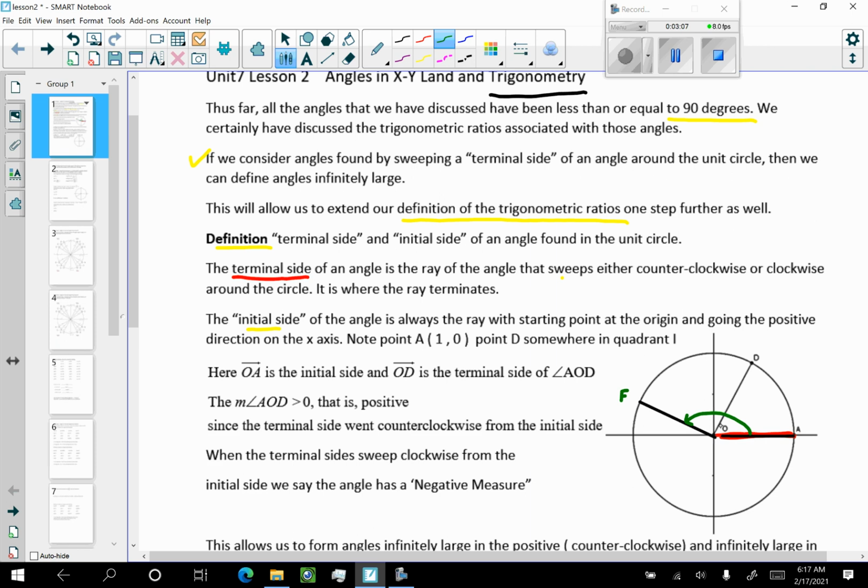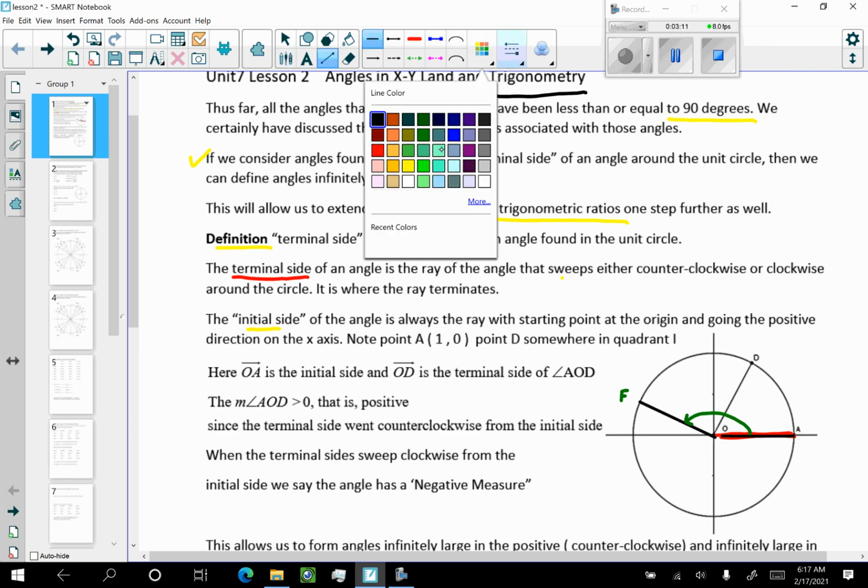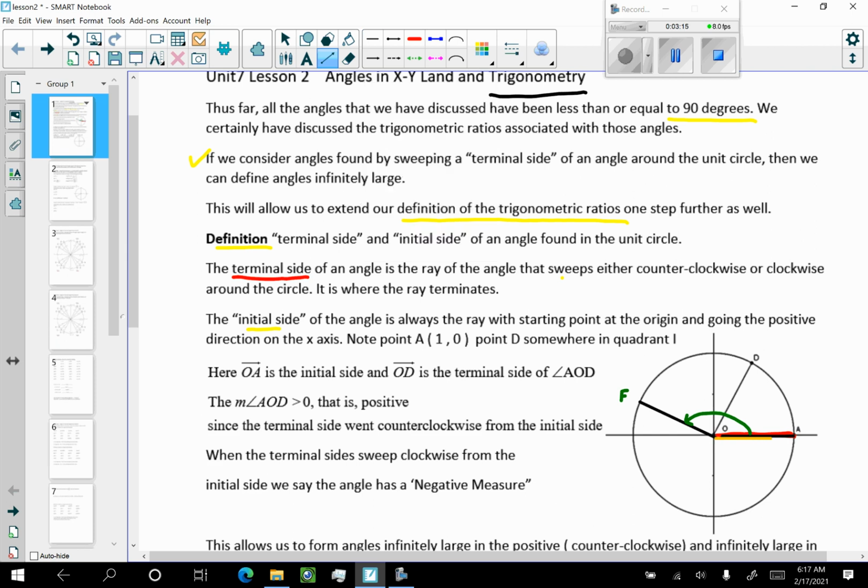That's different for us because look what we can do. We can take angles. Let me get a funky yellow color of an angle. And I can sweep that and stop it at any location and get an infinitely large angle, and just keep sweeping it.